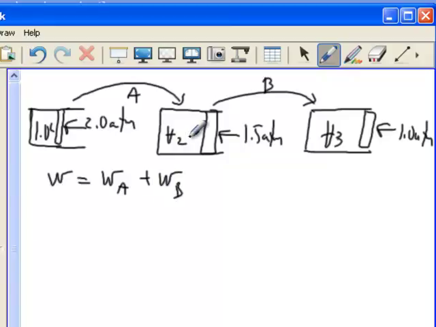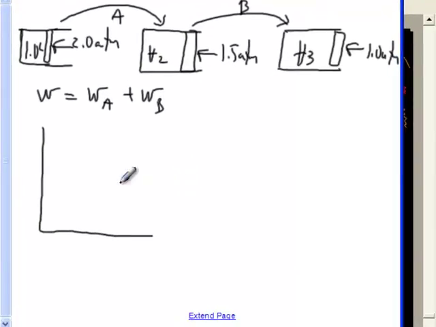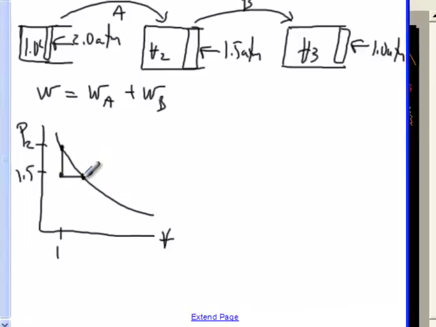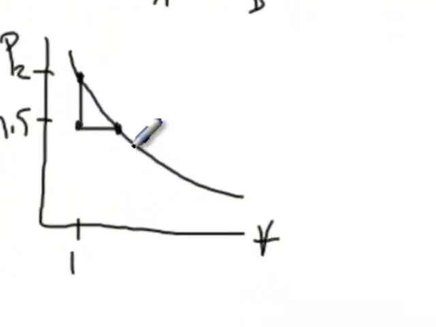Well, we're going to have to find V2 again. Thinking about what's going on here on this problem with our pressure volume curve, we are now starting at 2 atmospheres, 1 liter, and we're now dropping to 1.5 suddenly, and then we're going back out to the isotherm via isobaric expansion.